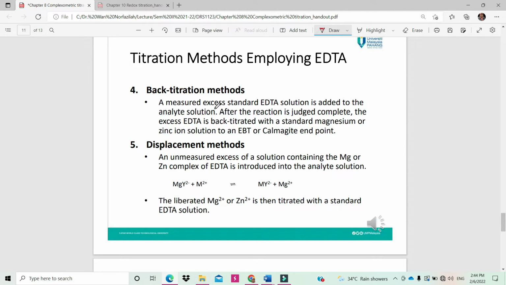Okay, in precipitation titration, you use a precipitating agent. In complexometric titration, you use a complexing agent. Okay. And the last one is the displacement method. You displace the ion that you want.